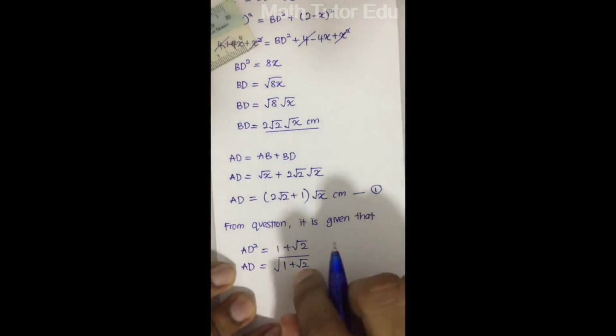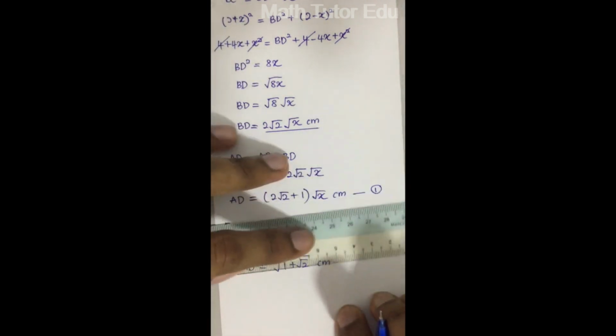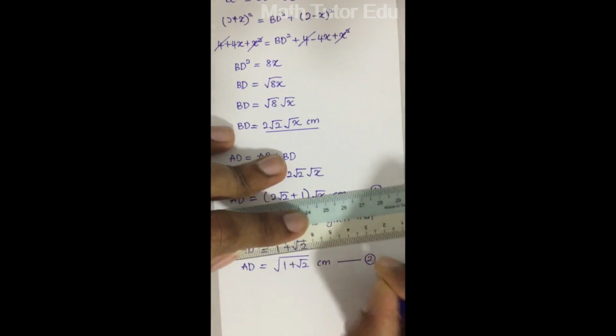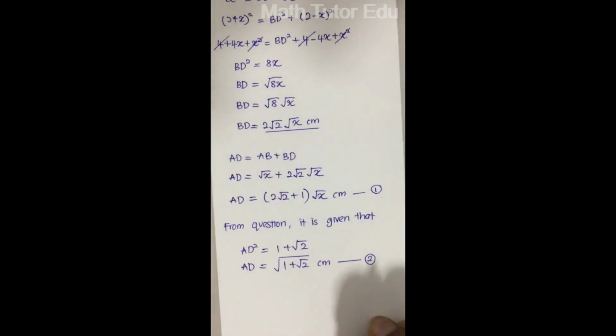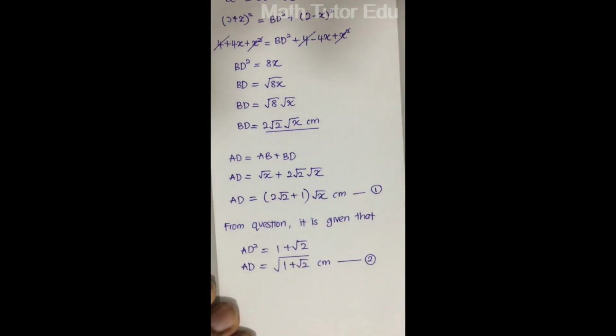Make sure you write this centimeter just to be safe. And this will be your equation number 2. This first equation we came up with based on our calculation. This second equation we came up with based on the question given to us.